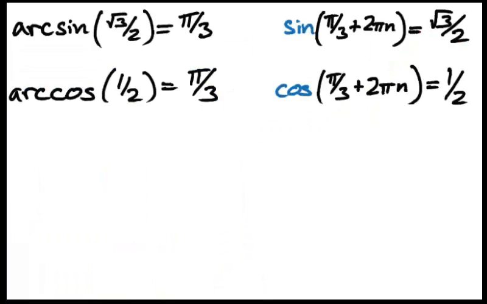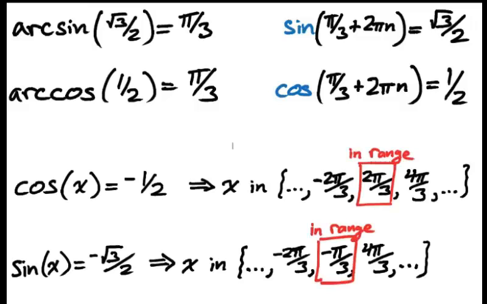For example, the value of both arc sine at square root of 3/2 and arc cosine at 1/2 is pi/3. But due to range restrictions, arc cosine of -1/2 is 2 pi/3, not 4 pi/3, and arc sine of -square root of 3/2 is -pi/3, not 5 pi/3 or 4 pi/3.